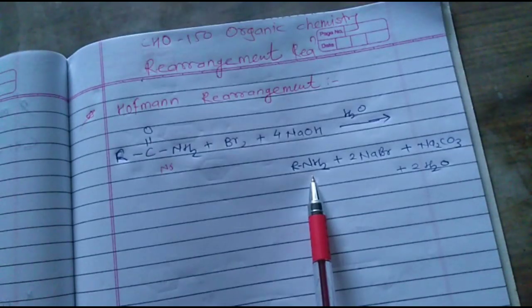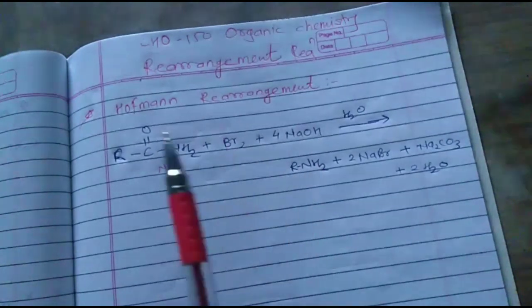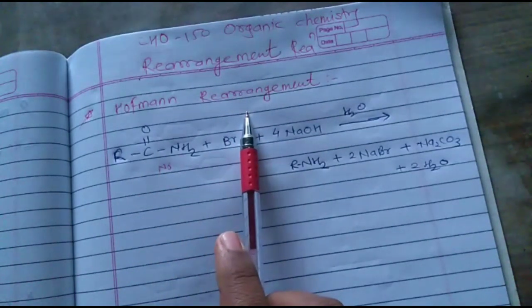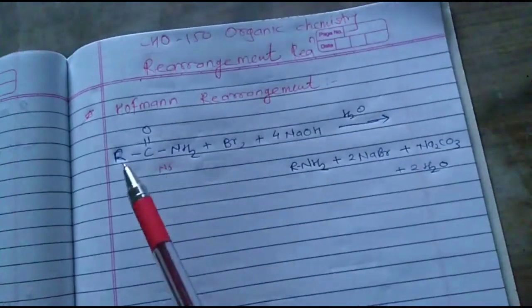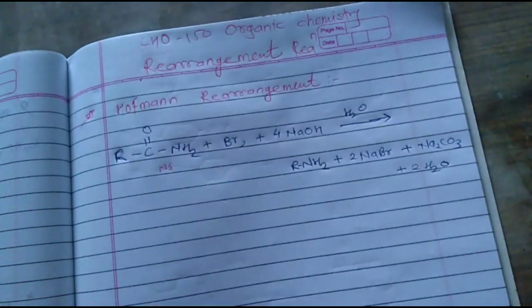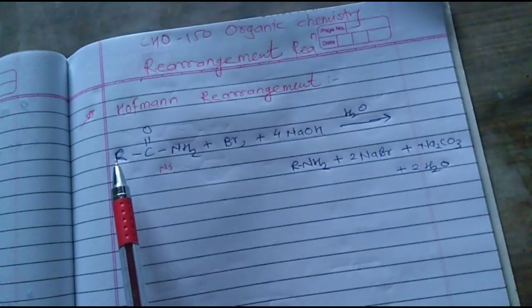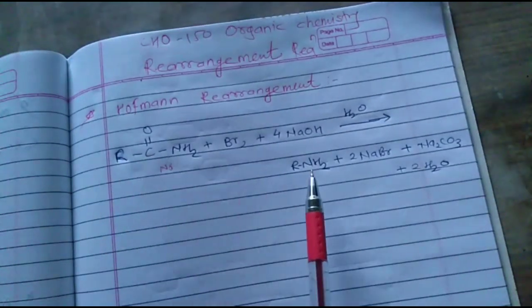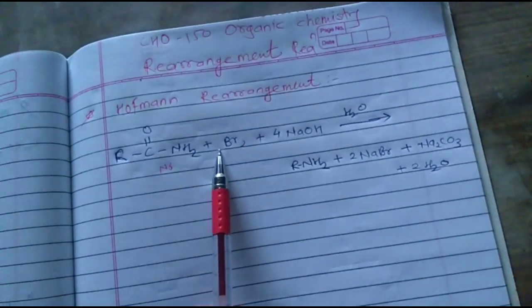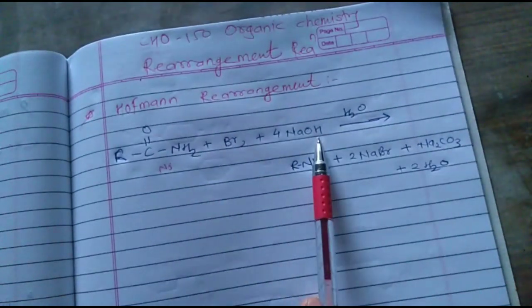This reaction is known as the Hoffman rearrangement reaction or Hoffman degradation reaction. There is a degradation of the CO group, so it is also called the Hoffman degradation reaction. The amide gets converted to the amine in the presence of bromine solution and NaOH.